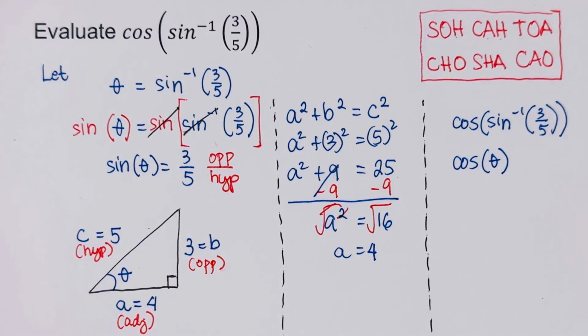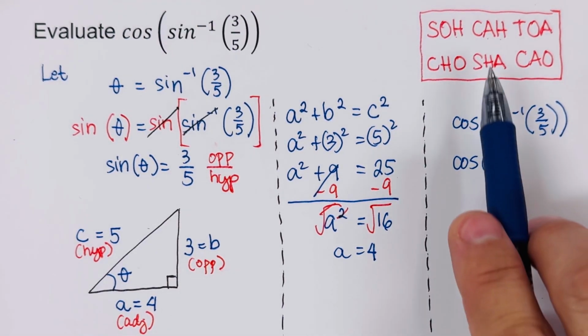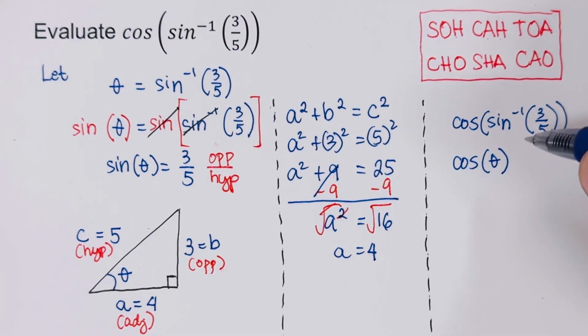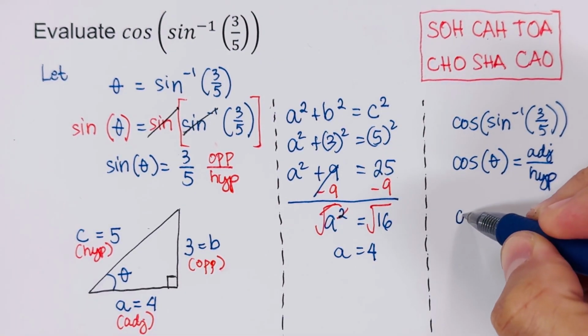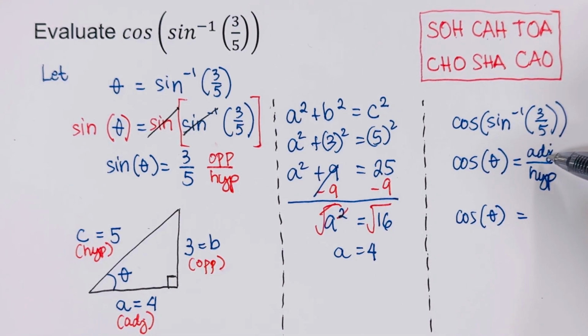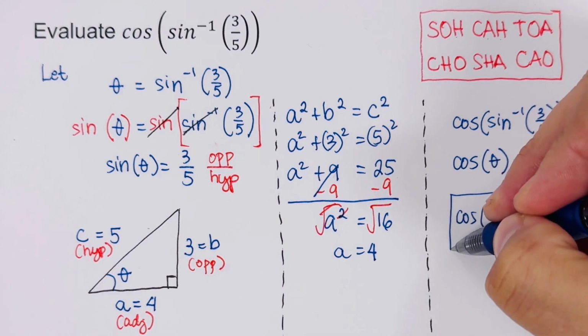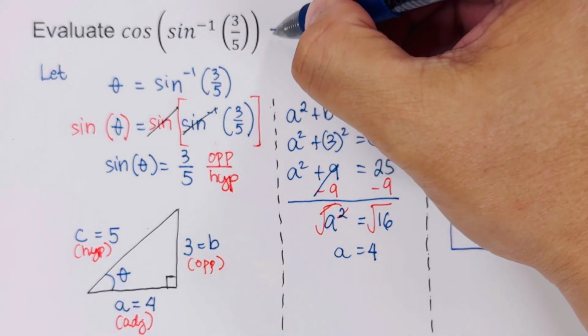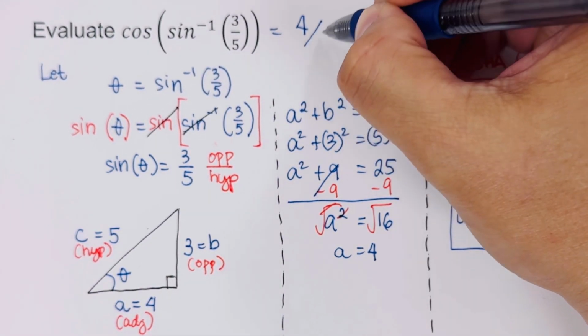Now we remember that cosine is adjacent over hypotenuse. So we can go ahead and determine the value that we have here. So that would be our adjacent is 4 and our hypotenuse is 5. So this whole expression that we have here is equal to 4 over 5.